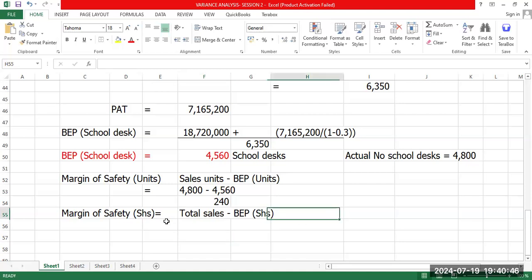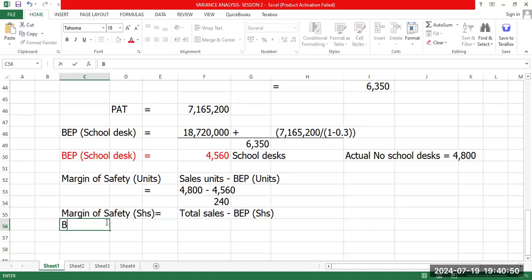How do you get break-even point? Colleagues, how do we get a break-even point in shillings? Who can recall? You just get break-even point. Yes, times the selling price. Perfect. Break-even point in units.